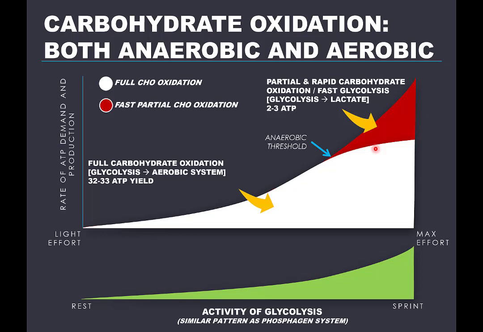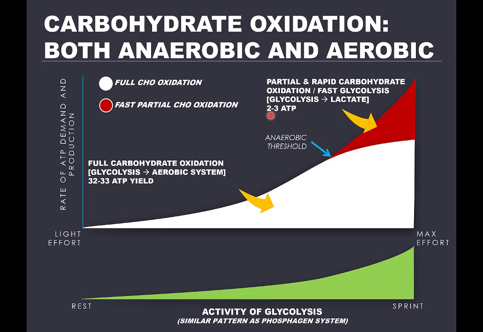But an increasing portion of the glucose 6-phosphate that is available will undergo only partial carbohydrate oxidation through fast glycolysis or the lactic system. So an increasing portion of glucose 6-phosphate will only yield 2 to 3 ATP and end in lactate, thereby not undergoing aerobic metabolism.